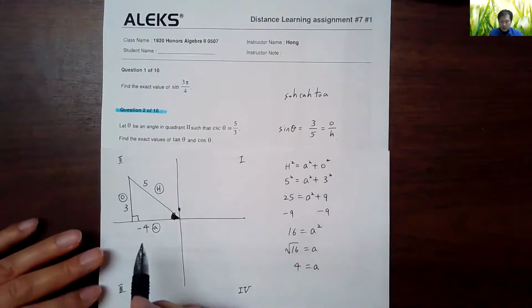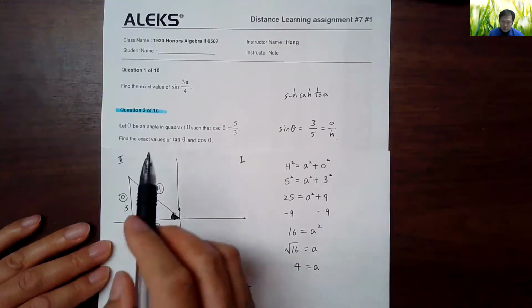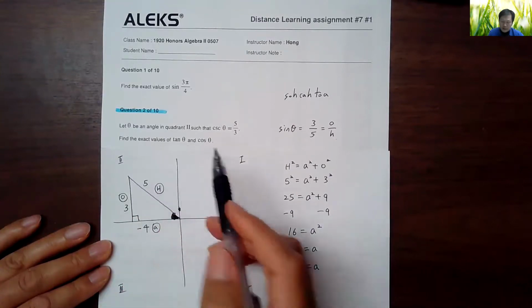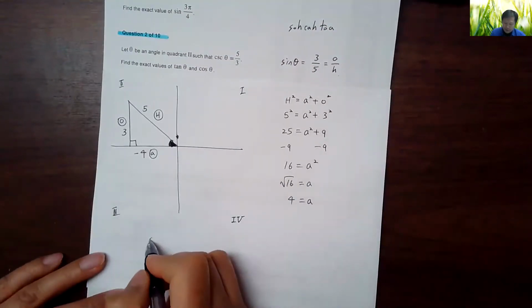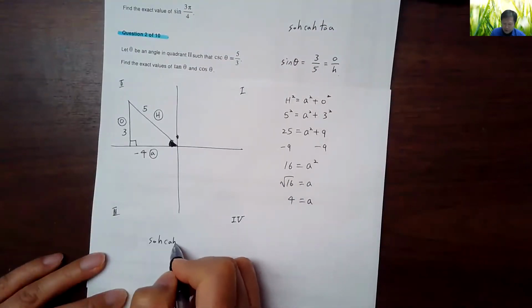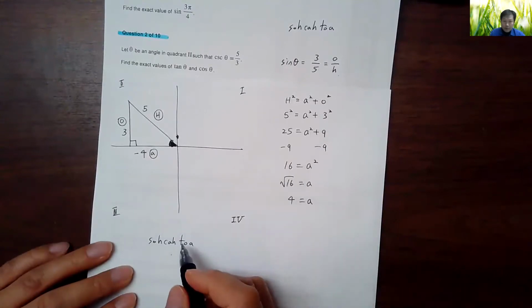So once you have figured out the adjacent value, you're ready to get tangent theta and cosine theta using SOHCAHTOA. The first one is tangent.